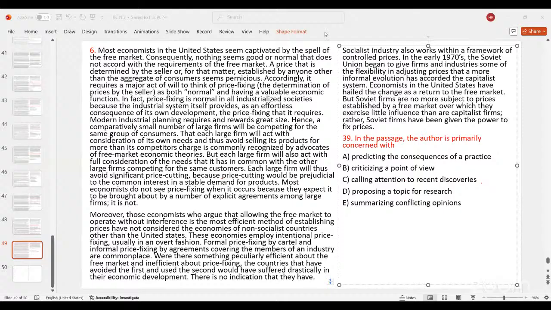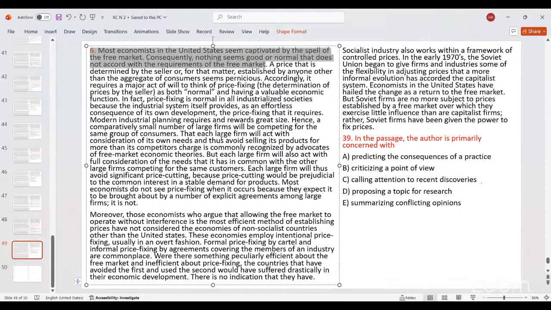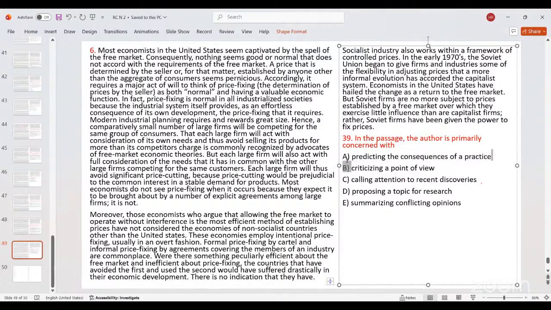Then why not B? Because B is the effect of free market, right? That free market is predicting the consequences. It's an effect. And here it is all about what? It is not good. Not good means it has not given a good result, but here it may be a bad result.